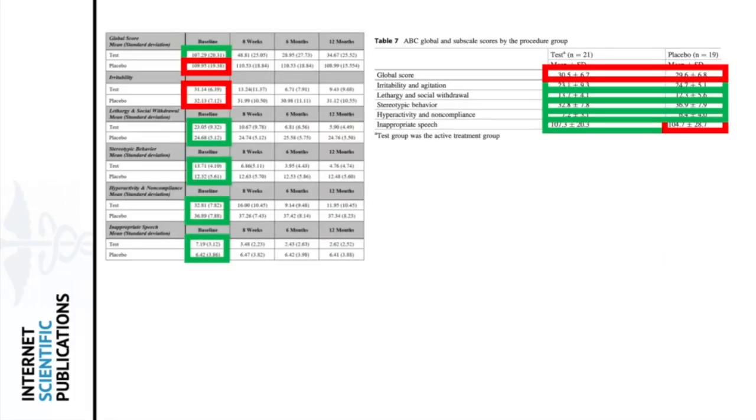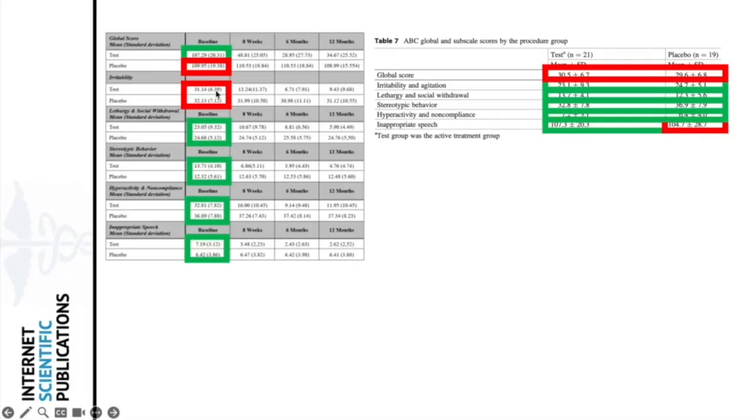Another kind of difference can be found here in the global score. The global score is 107.29. Of course, you remember this table, there is a problem in the table, but we can find this value here, and with the good standard deviation. But if you look at the placebo group, again, the numbers of the total score are not the same, for the mean and for the standard deviation.